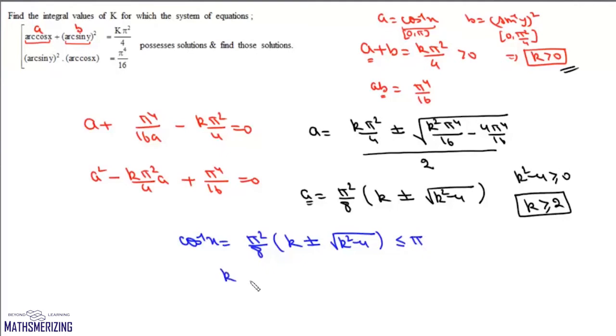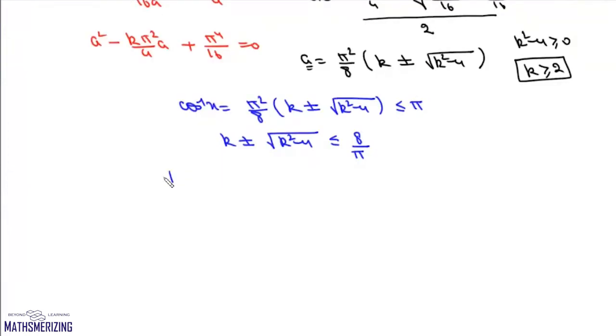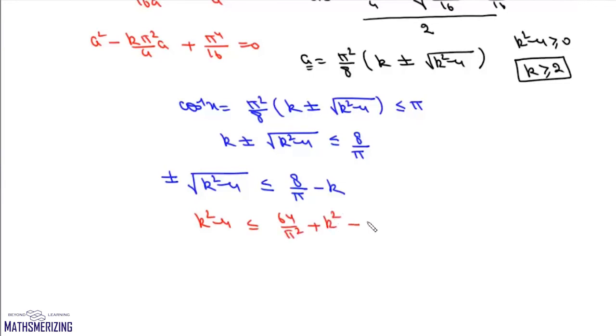So this value should be less than or equal to pi. Now we can write this as k plus minus under root of k square minus 4 should be less than or equal to 8 upon pi, or we can write this as under root of k square minus 4 should be less than or equal to 8 upon pi minus k. Now we'll square it, and we'll get k square minus 4 is less than or equal to 64 upon pi square plus k square minus 16k upon pi.